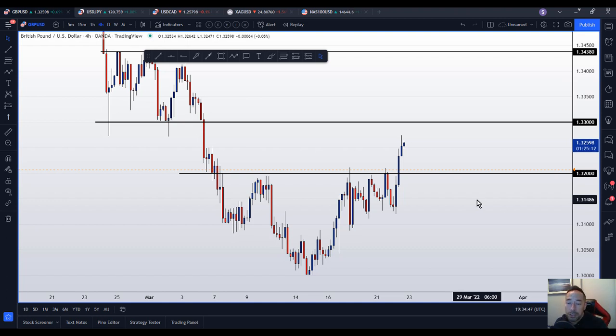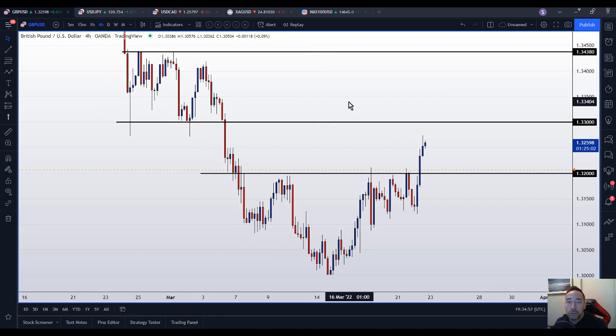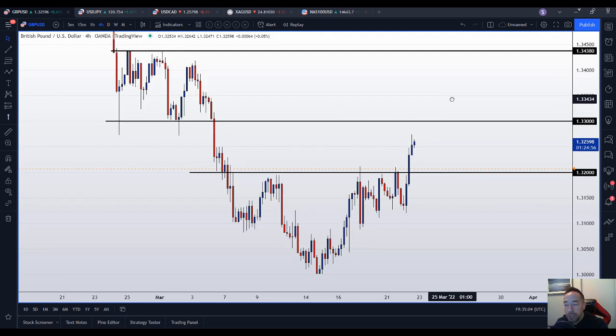I do like it for longs, but it's just whether the market gives us a trading setup, okay? Because that's really important. It's very important that you've got a strategy, you have an entry technique for your strategy, and an exit for the trade, whether it hits target or price goes wrong. Always use a stop loss as well, guys.